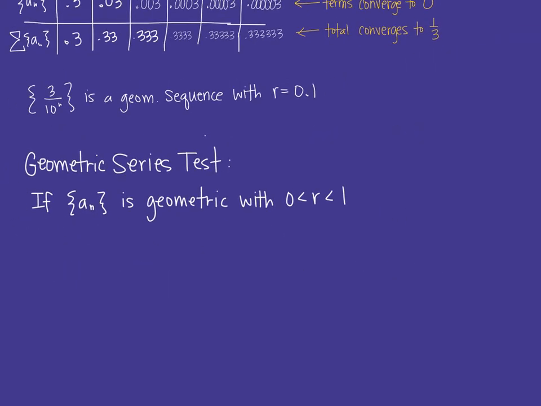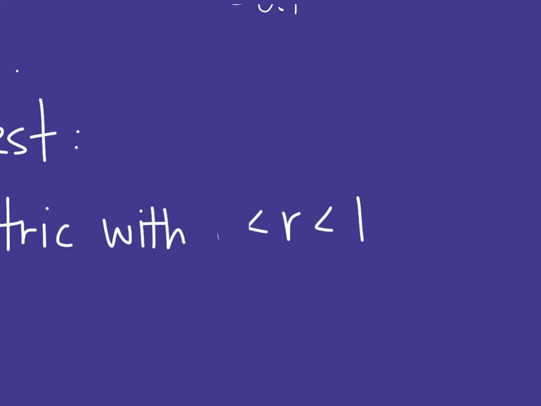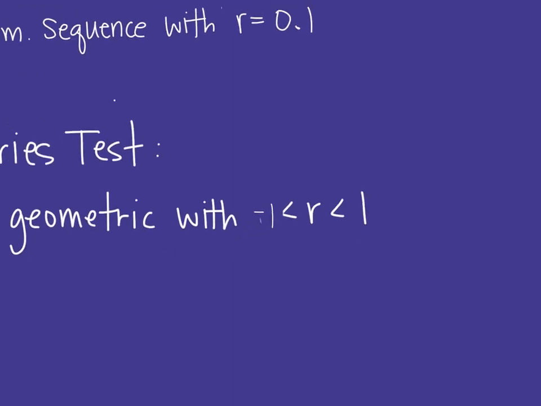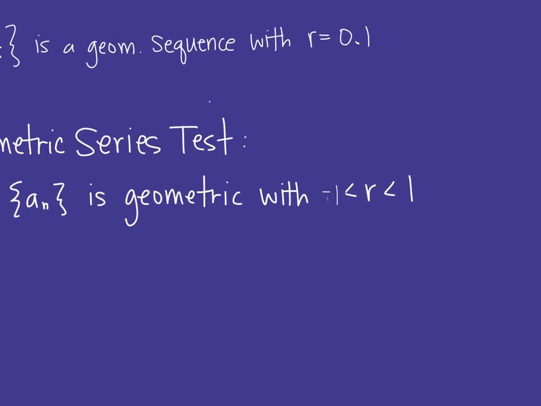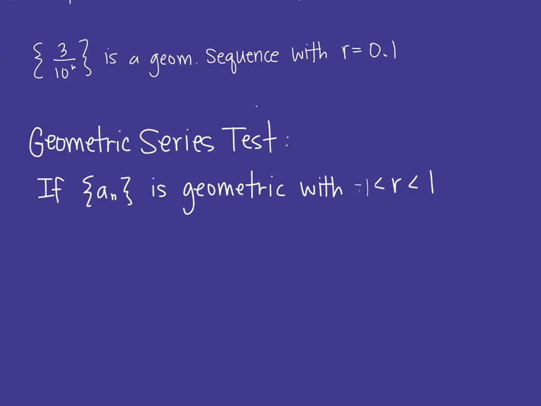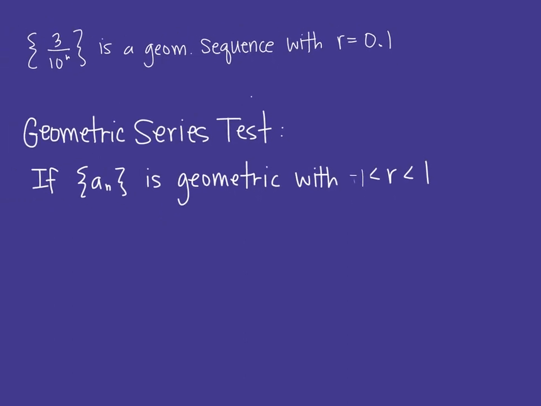Actually, we can do it for negatives. We'll just combine it. I was going to do two separate cases, but we can combine it. It's fine. Right, it cannot be 1. It has to be less than. If it's equal to 1, then that's a whole different thing. Okay.